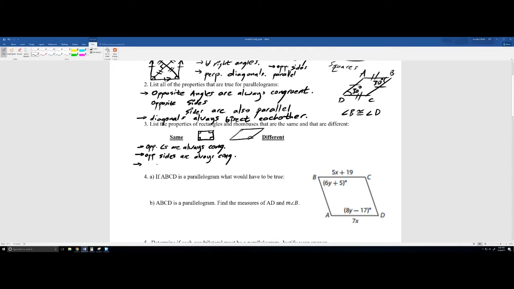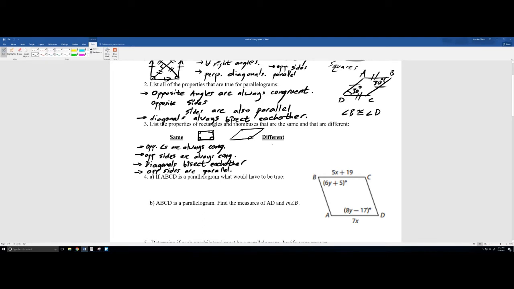Diagonals bisect each other. Don't forget, opposite sides are parallel to one another as well.